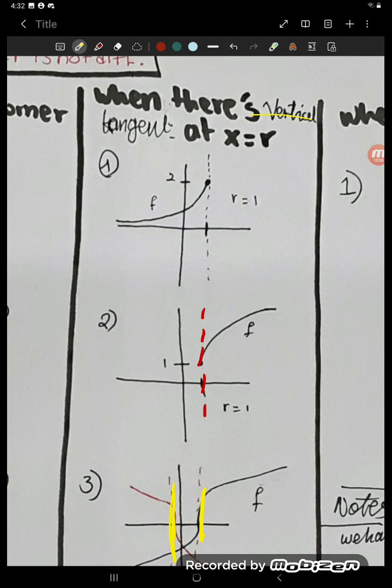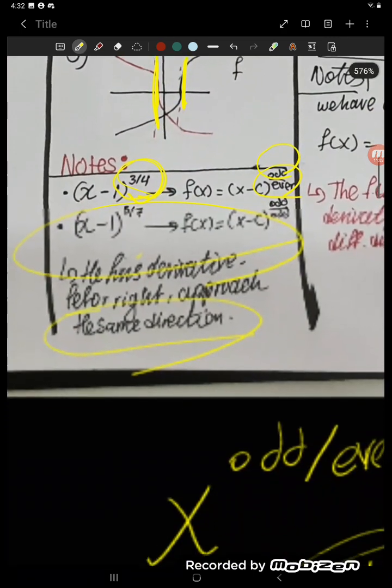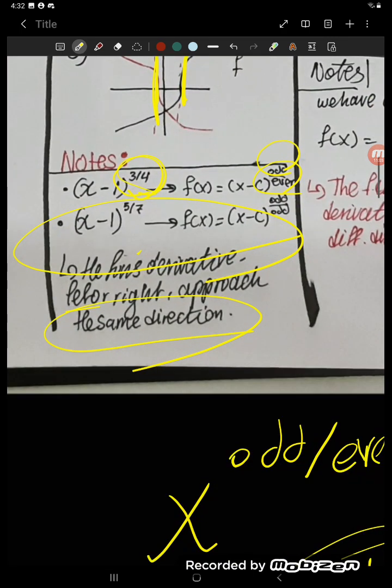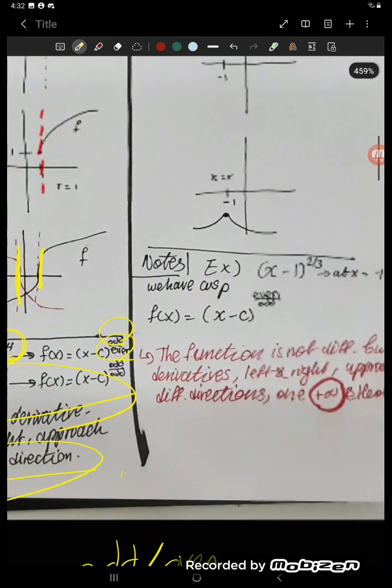And the same thing for here, the left does not exist. What am I going to say, they exist, they approach the same direction? Absolutely not. So when we say that the derivative left and right approach the same direction, we're really just referring to odd over odd. So there's that. Very fun.